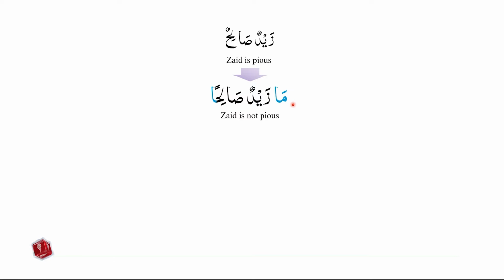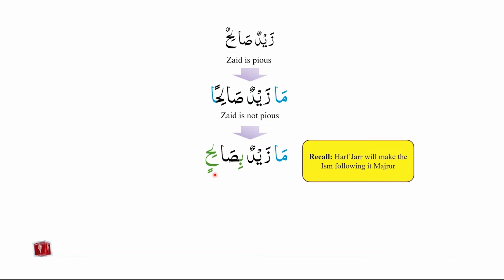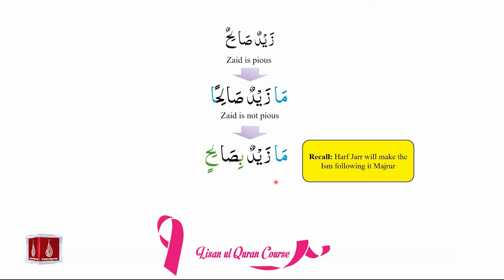In order to add emphasis to ma Zaidun Salihan, we need to add ba harf jar to the khabar, and we will get the result of ma Zaidun biswalihin. Please recall that harf jar will make the ism following it majroor. So since we are adding ba harf jar to salihan, we get biswalihin. The final result is ma Zaidun biswalihin.